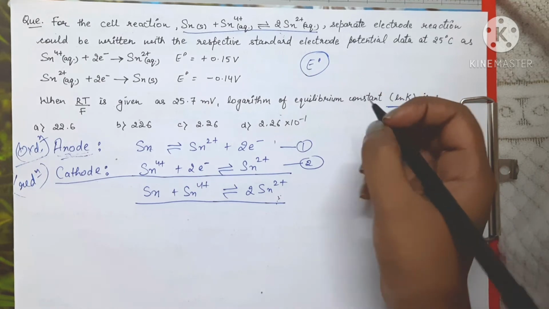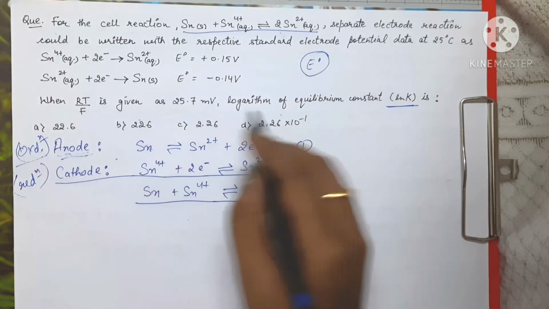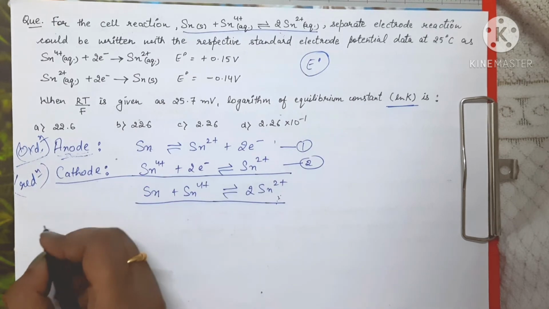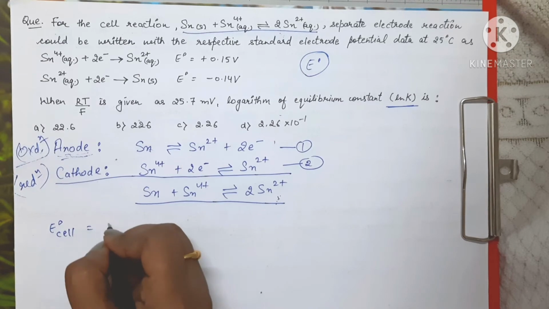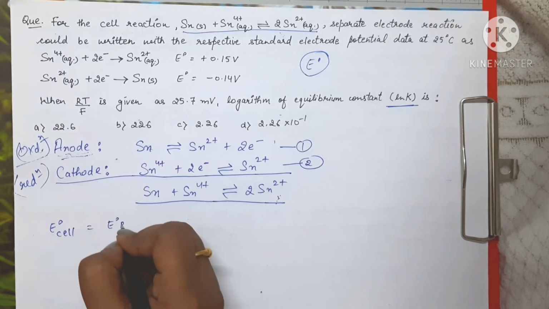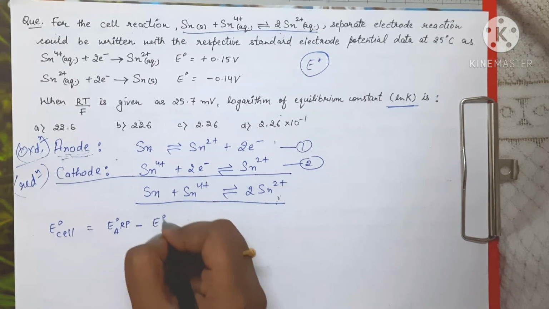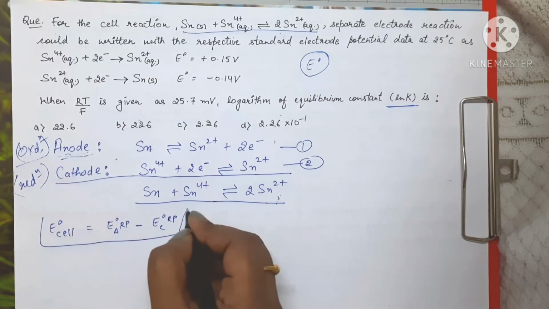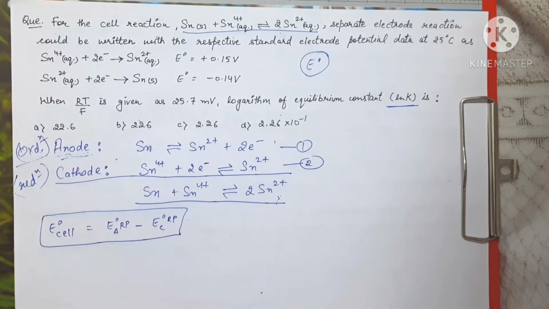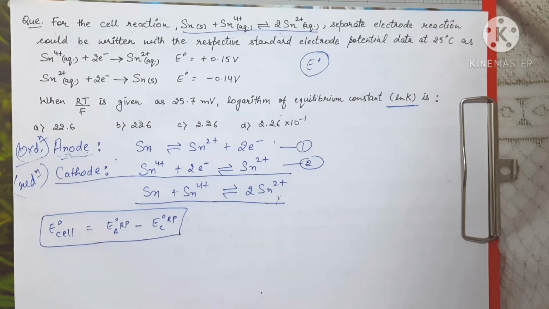So now we have to go via E naught values. For this particular cell, what will be the E naught of cell? E naught of any cell is equal to standard reduction potential at cathode minus standard reduction potential at anode. This is the expression for E naught of any cell in terms of its reduction potentials.